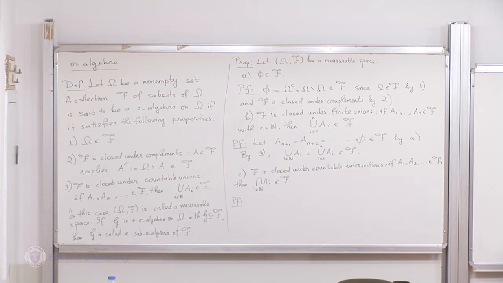Okay. Now, how should we argue? I know that the union of Ai, or union of sets in F, is also in F. So how can I argue about the intersection of sets? Countably many sets, of course.